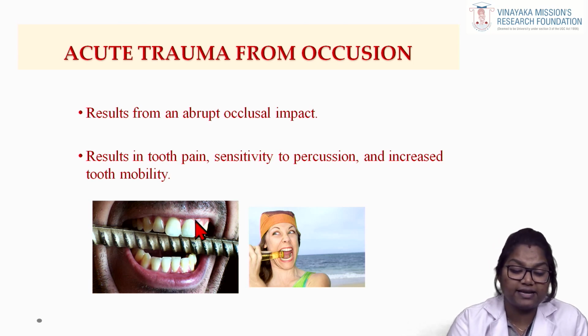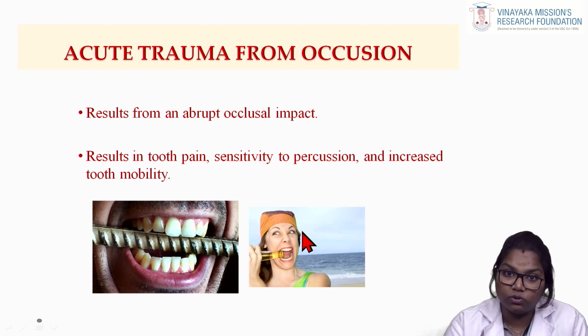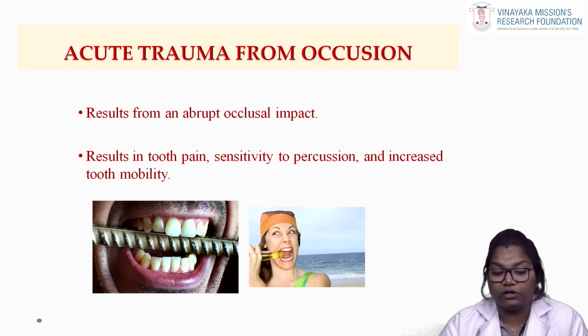In this diagram you can see the person biting on an iron rod. This abrupt change causes trauma from occlusion, as does suddenly opening bottles with your mouth. Sudden impact to the occlusion causes acute trauma from occlusion.